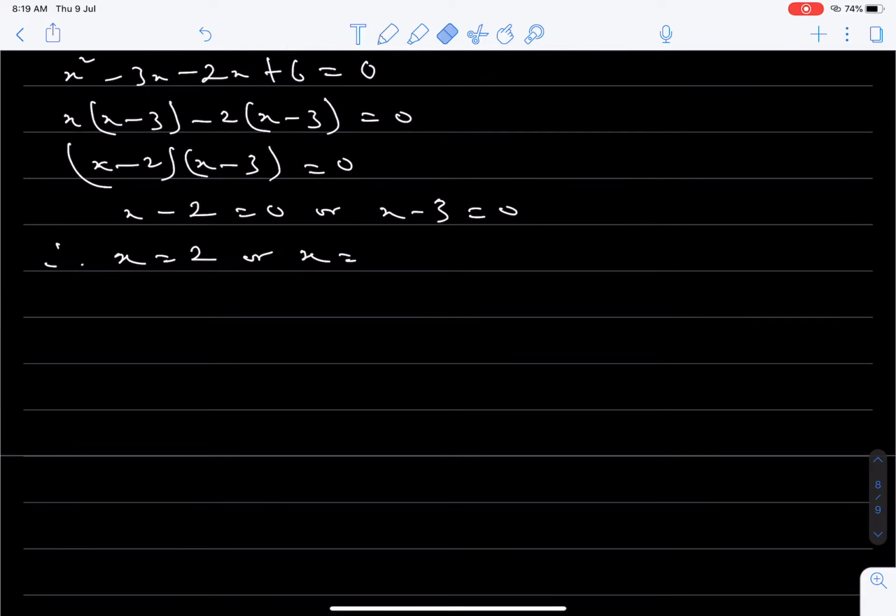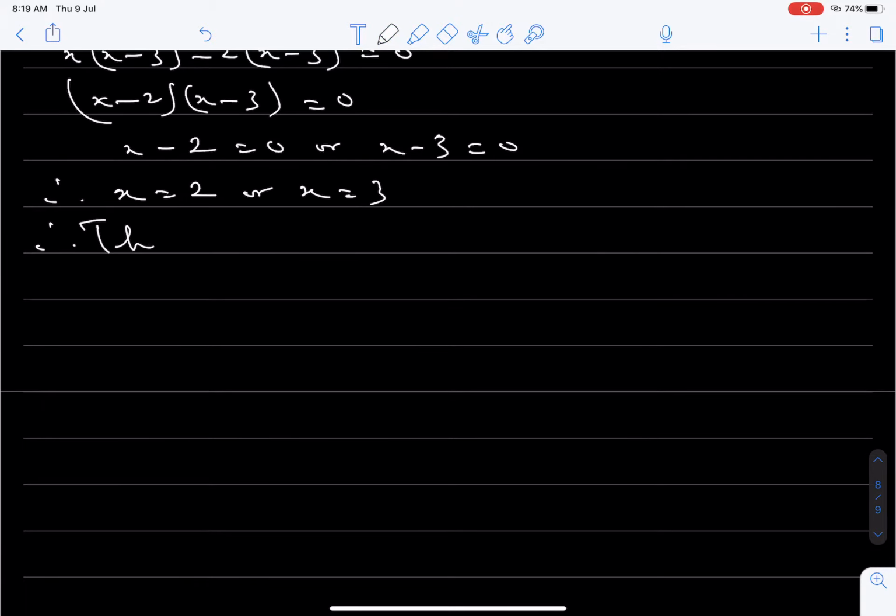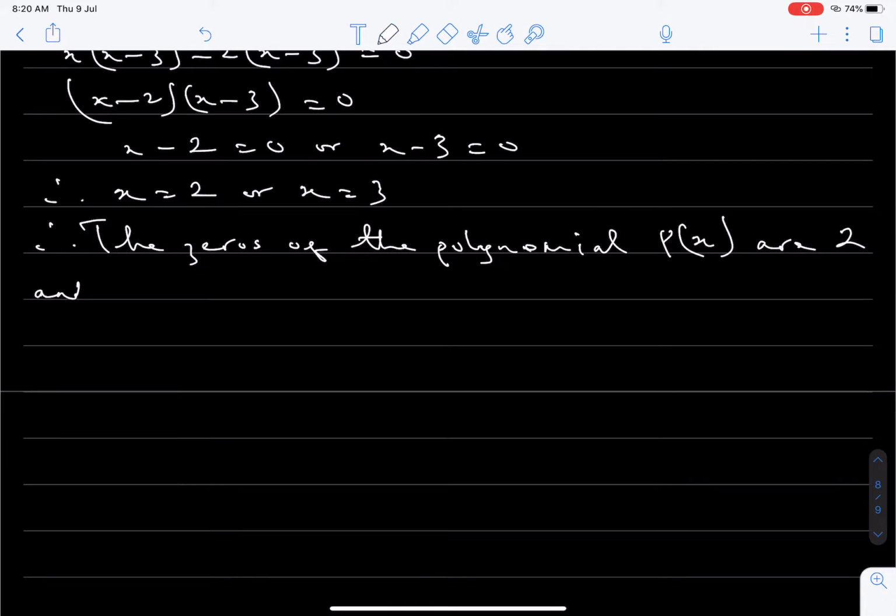And the zeros of the polynomial p of x are 2 and 3. Those are the zeros of the polynomial.